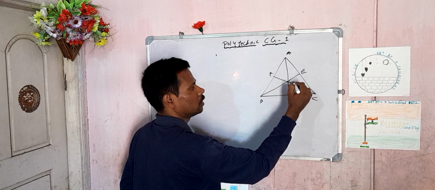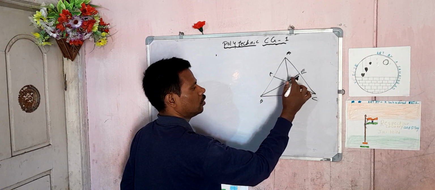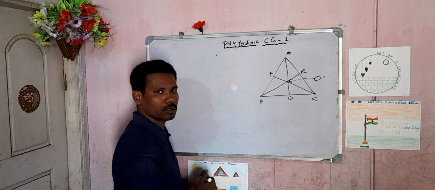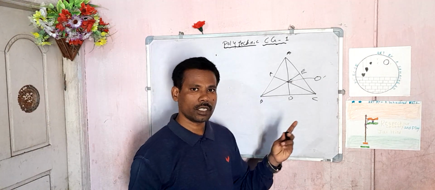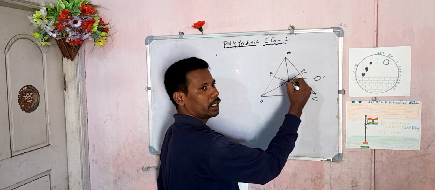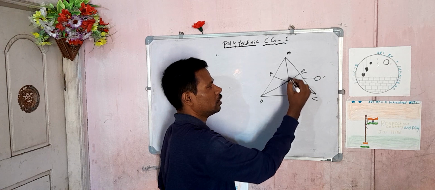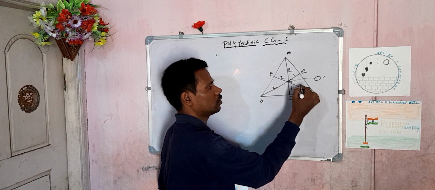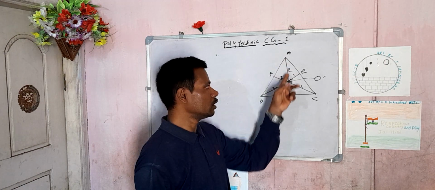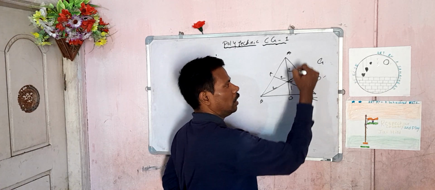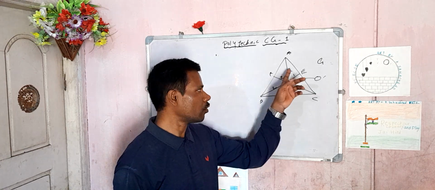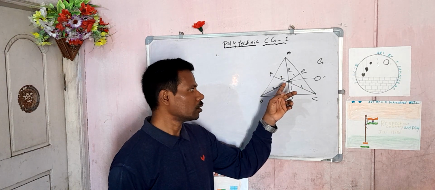All the three medians are meeting at O. That is centroid. Centroid is nothing but the point of intersection of the medians. And the centroid divides the median in the ratio 2:1, always. Centroid is denoted by G and it divides in the ratio 2:1. Remember this. The point of intersection of all the medians is nothing but the centroid.